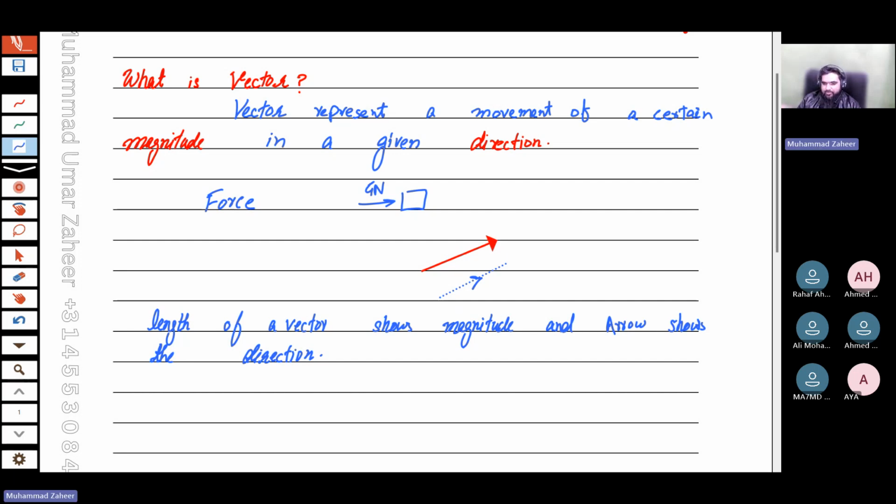Obviously, if it is a force, it will be the direction of force. If it is velocity, it is the direction of velocity.